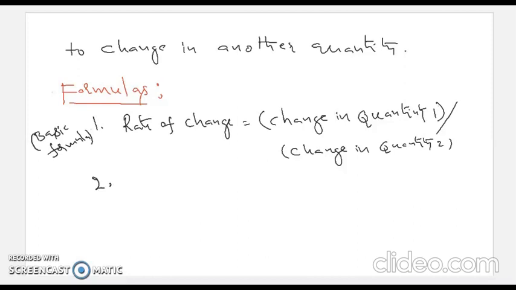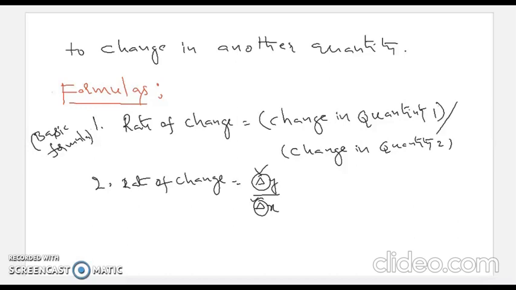Now coming to the second formula for rate of change. Rate of change is equal to, generally it is also written as delta y by delta x. What does the Greek letter delta represent? Here the Greek letter delta represents the change in quantity.